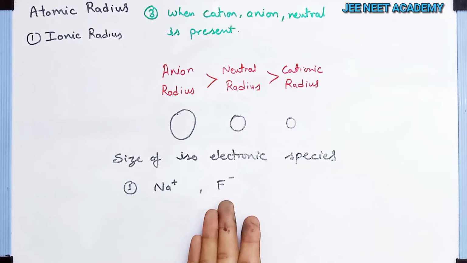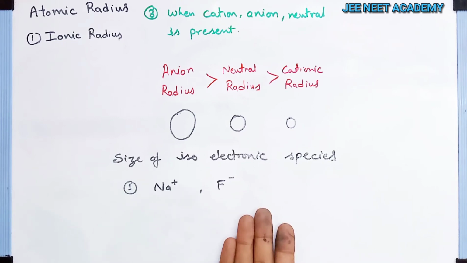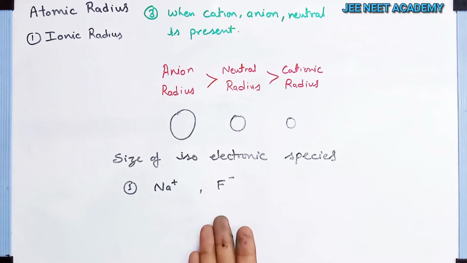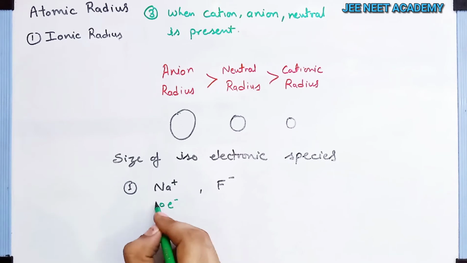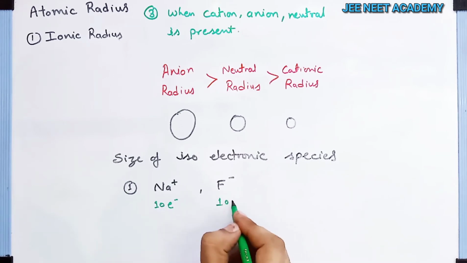Fluorine usually has 9 electrons, and if it gains 1 electron it will count 10 electrons. So in both cases 10 electrons. Electrons are same, so these are isoelectronic species.